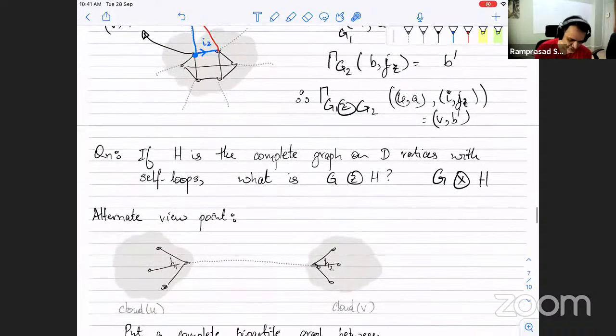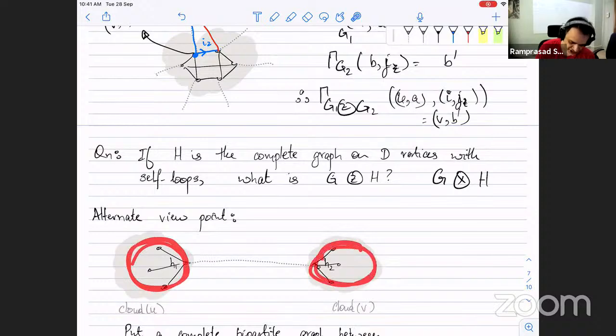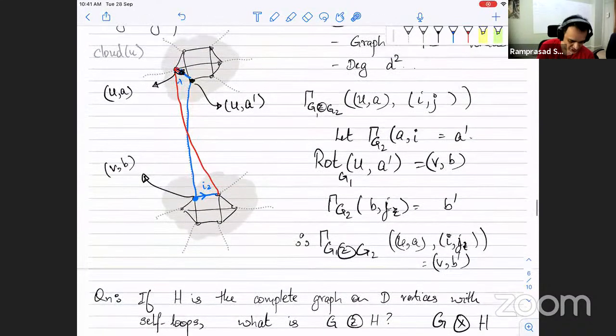A slightly different viewpoint is the following. I don't know, in some situations this is actually helpful. So there was an intercloud edge between the cloud of U and the cloud of V. Now we pasted a copy of G2 here and a copy of G2 here. That's what these two clouds look like.